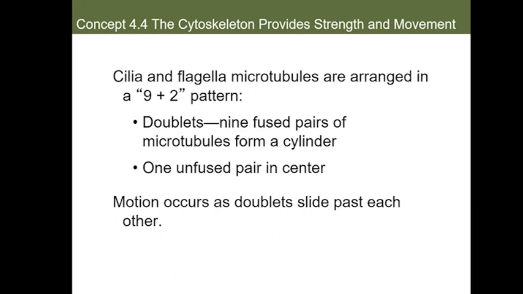Okay, so cilia and flagella microtubules are arranged in a 9+2 pattern. They have doublets. 9 fused pairs of microtubules form a cylinder, and then there's one unfused pair in the center. So they have the ones around the ring, and then the one in the center.